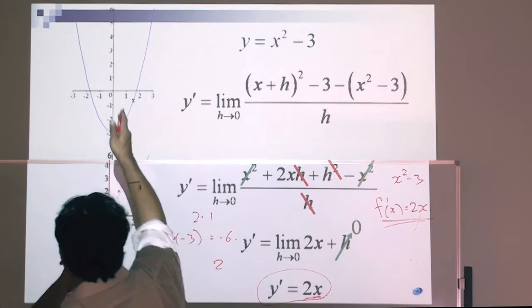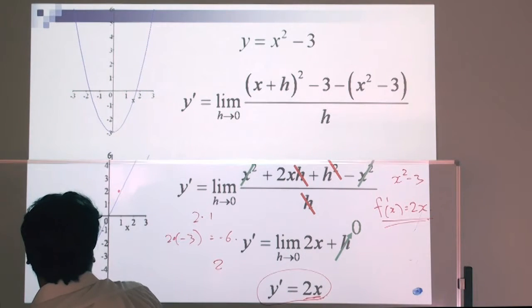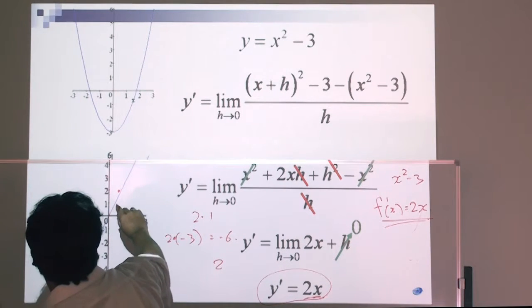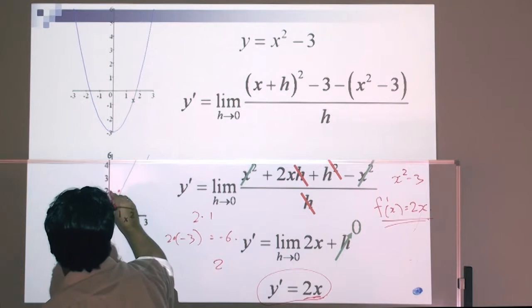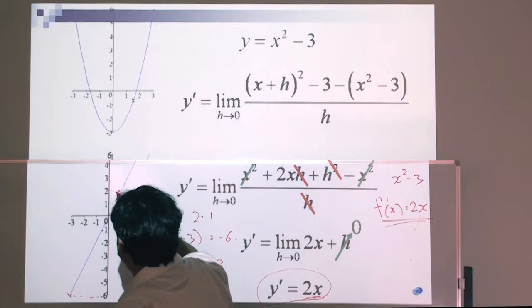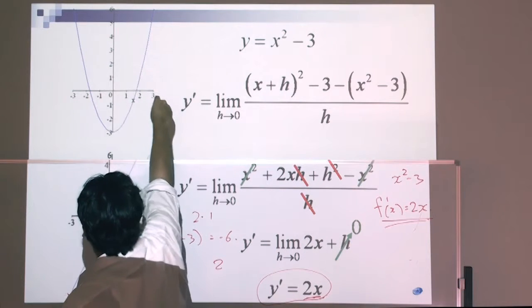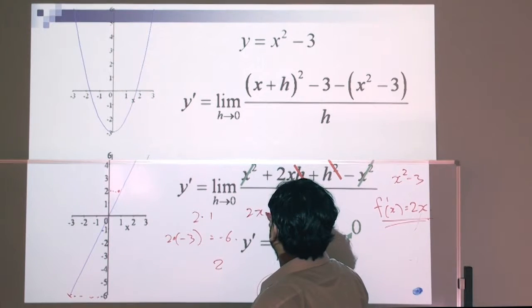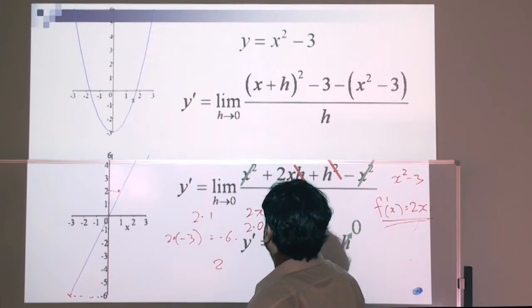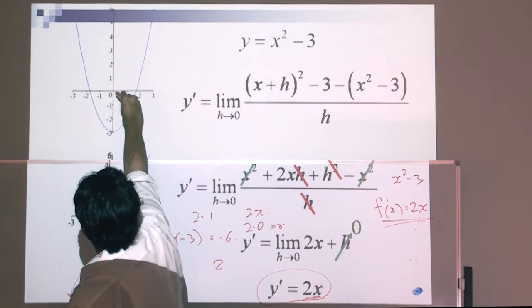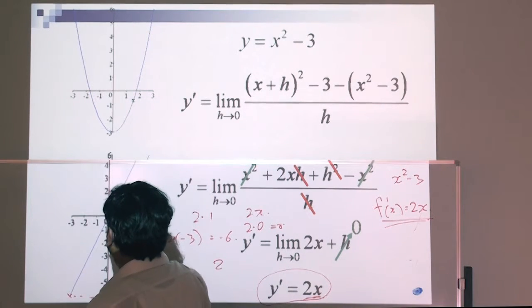Negative 6 on that one. You got 2 here. Negative 6 here. And so forth. Let's just do 0. 2x, if x is equal to 0, 2 times 0 equals 0. So therefore, at x equals 0, the derivative on the y-axis is 0.